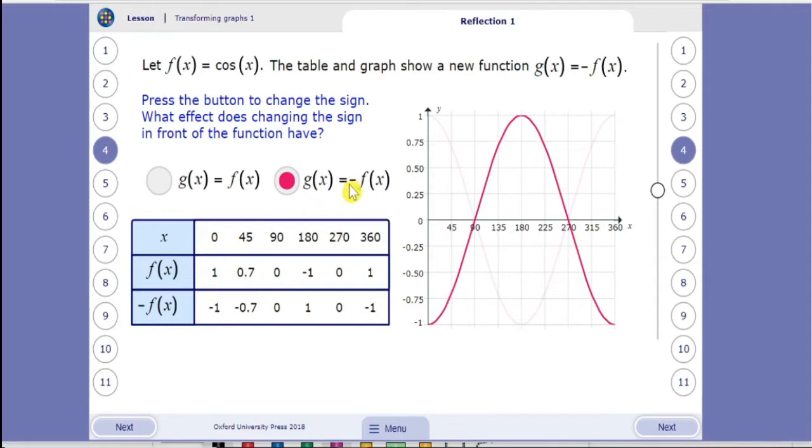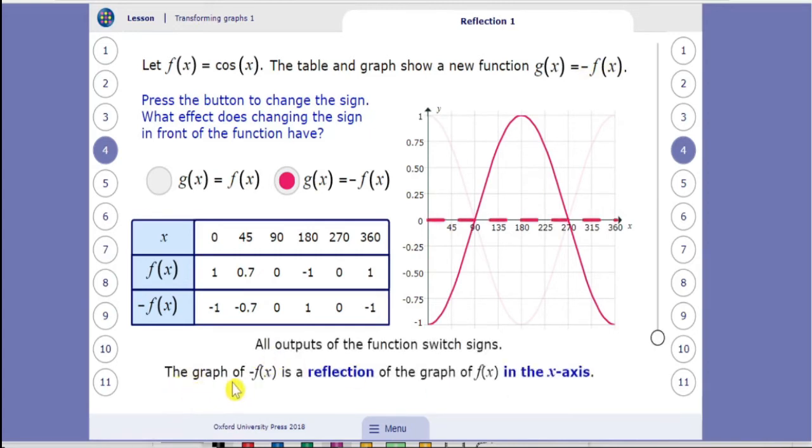And now if you're reversing the sign of the output, you're reversing the sign of the y values. It's minus 1, minus 0.7, and so on. So simply, all the positive y's are getting negative, and all the negative y values are becoming positive y values. Hence, when you are multiplying the output by a negative, you are reflecting in the x-axis.